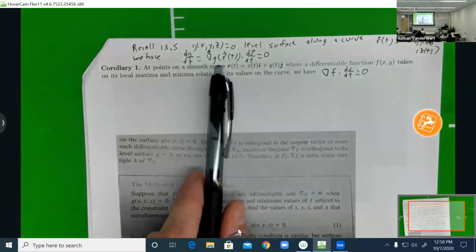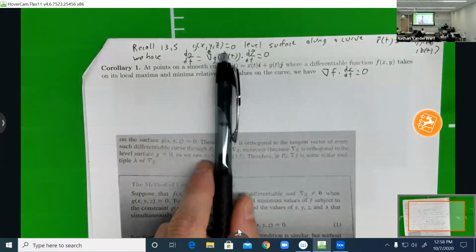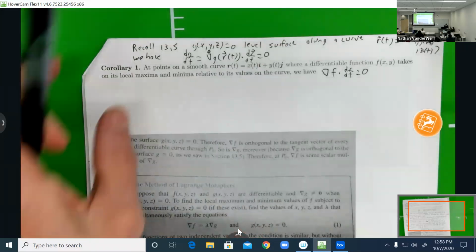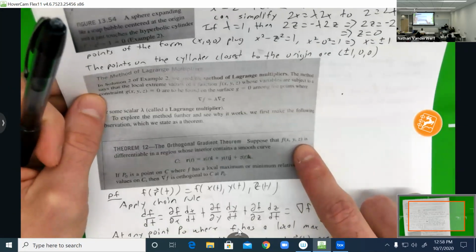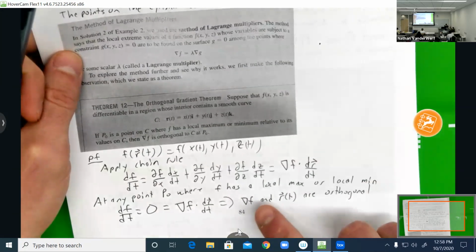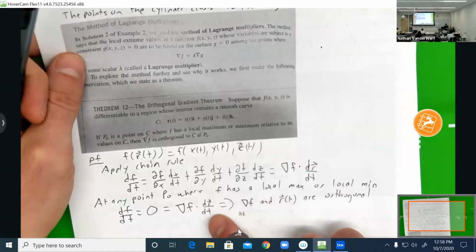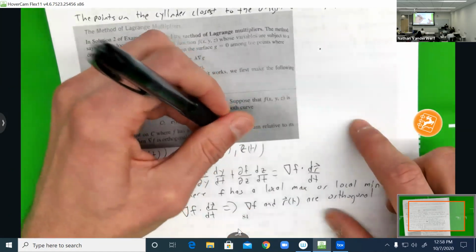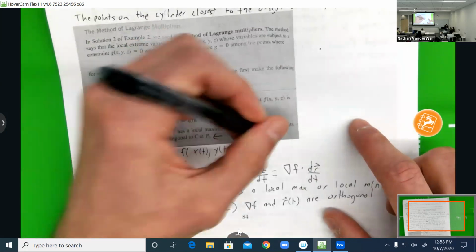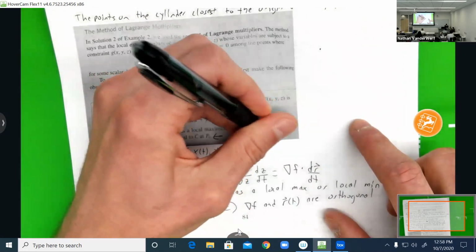So what's the difference here? This is always true for a level surface where you're setting it equal to 0. But what we showed here is that if we have just some surface or volume f of x, y, z, at local mins and local maxes it happens to be true as well that the gradient of f dot dr over dt is 0. This is saying that the gradient of f at r of t dot dr over dt is equal to 0.